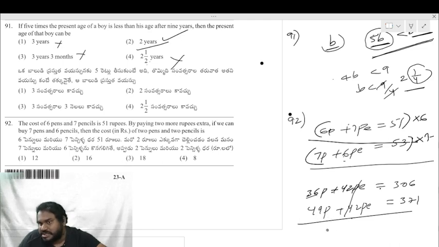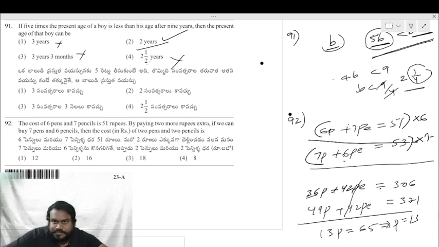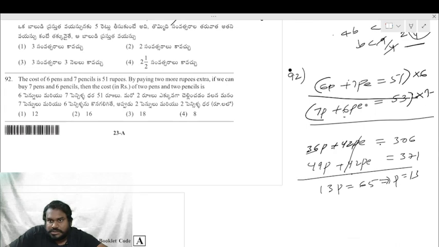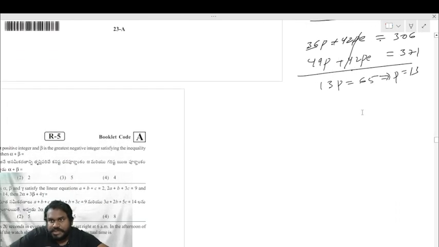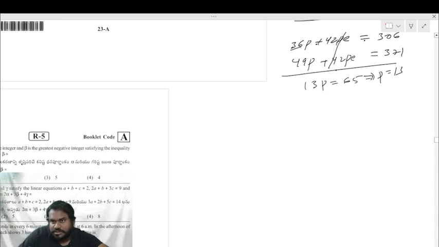So 49 minus 36 is 13p. 13p, and this one is 65. So from this I'll get the pen value as 13... pen value as 5.